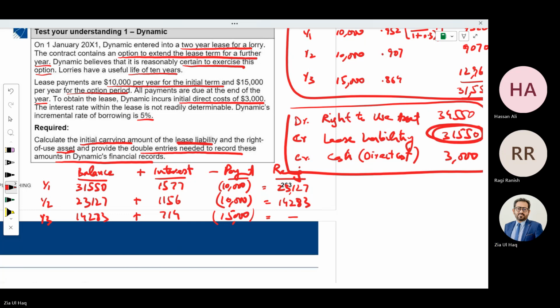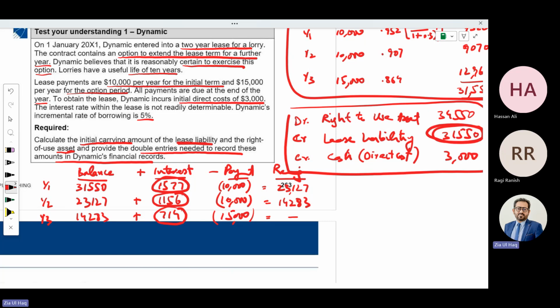Now see, in year 1, you will record this interest in the profit and loss account as expense. In year 2 profit and loss account, you will record this as interest expense. In year 3, you will record this amount as interest in the profit and loss account. In year 1, you need to record the liability at year end.